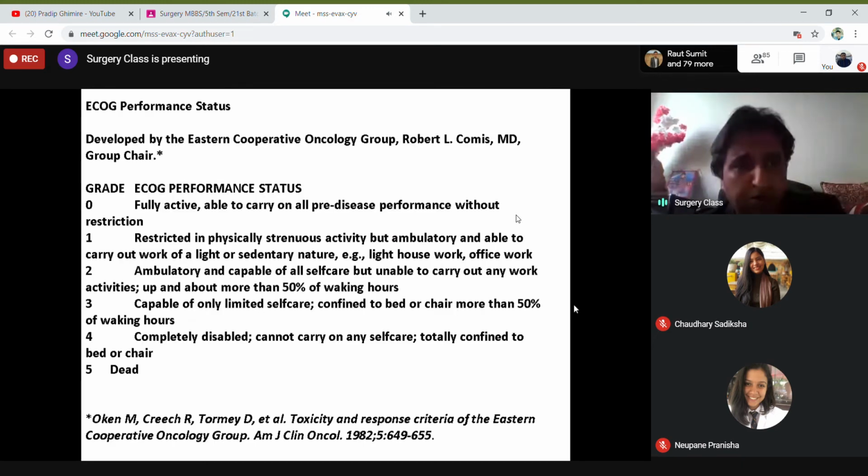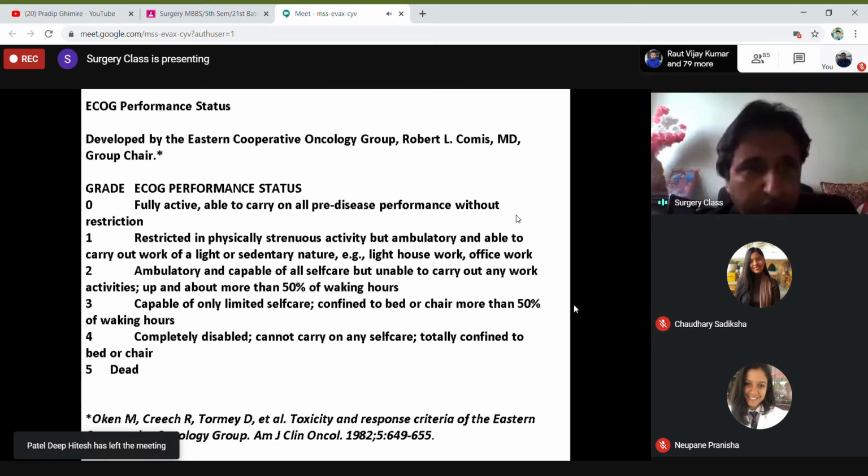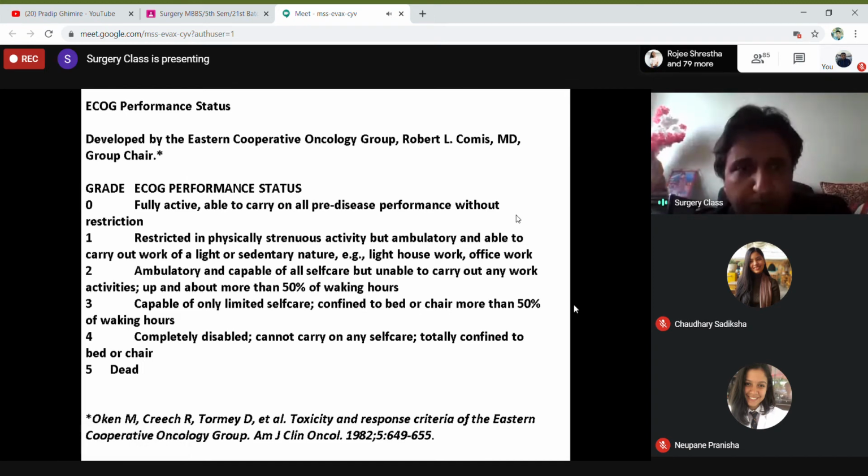Now when you are assessing the patient, there is something called the ECOG performance status. That is the Eastern Cooperative Oncology Group, which is used in most cases when we operate. Whenever we write examination findings, we note the ECOG performance status of the patient.